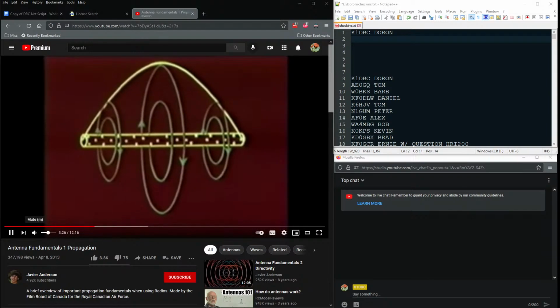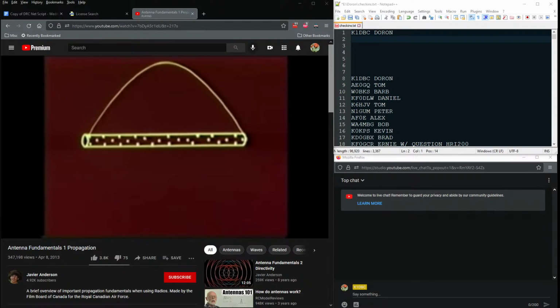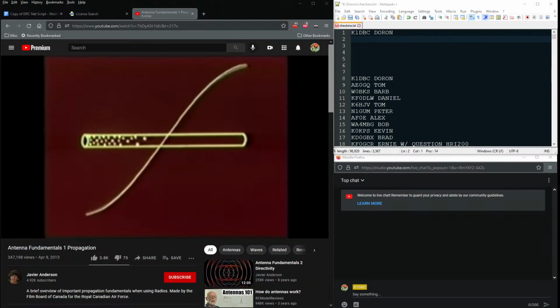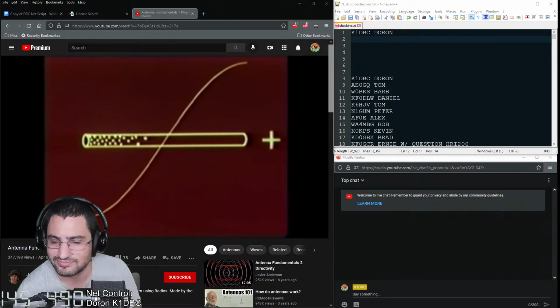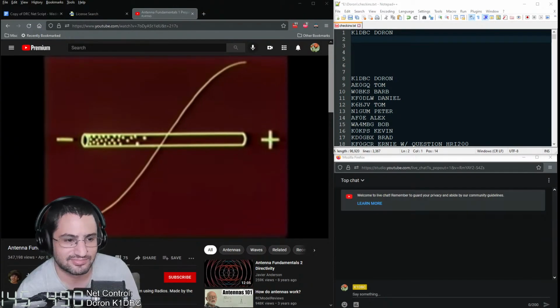This current standing wave is 90 degrees out of phase with the voltage standing wave. At this instant, the antenna has a positive voltage at this end and a negative voltage at this end.